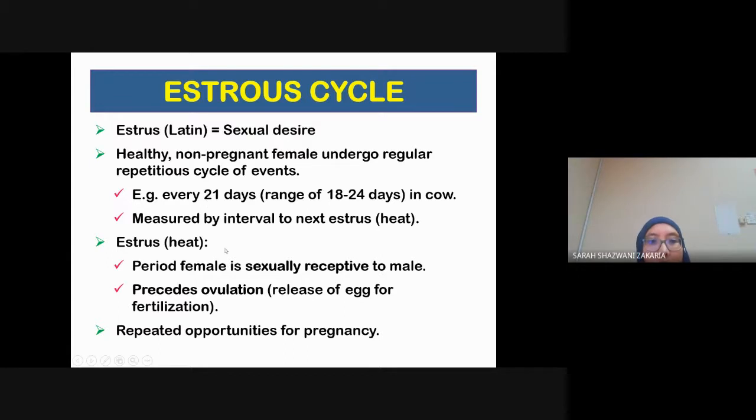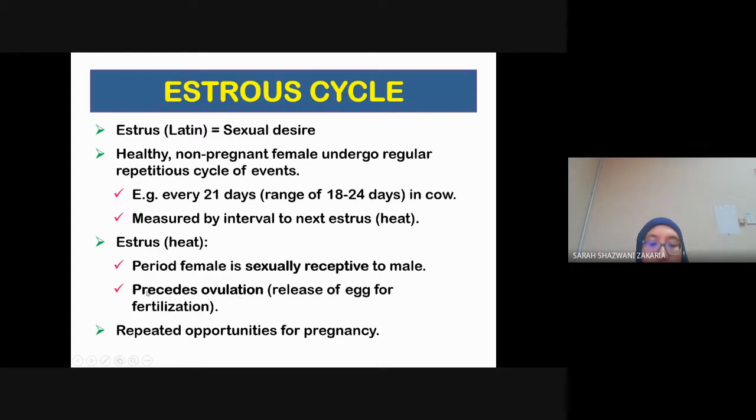It is measured by the interval to the next estrus, from the on-heat behavior to the next on-heat behavior. That's how human beings assess the animal's reproductive cycle. The period of female sexual receptivity precedes ovulation.